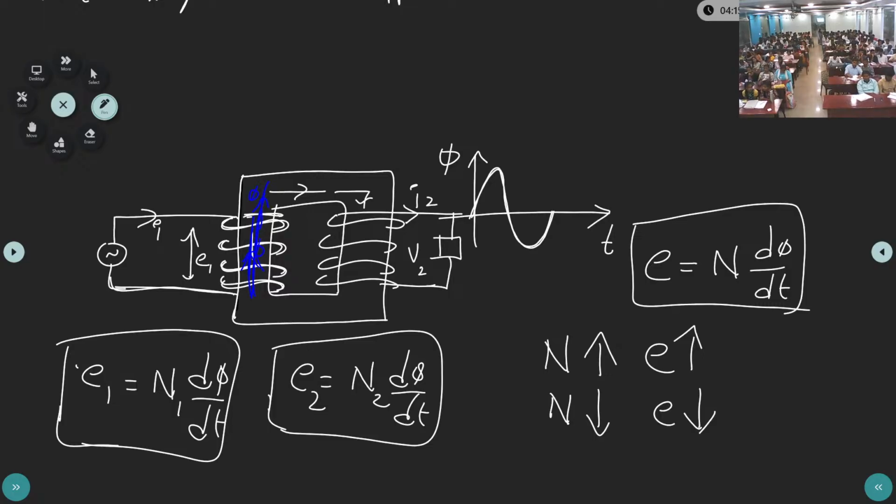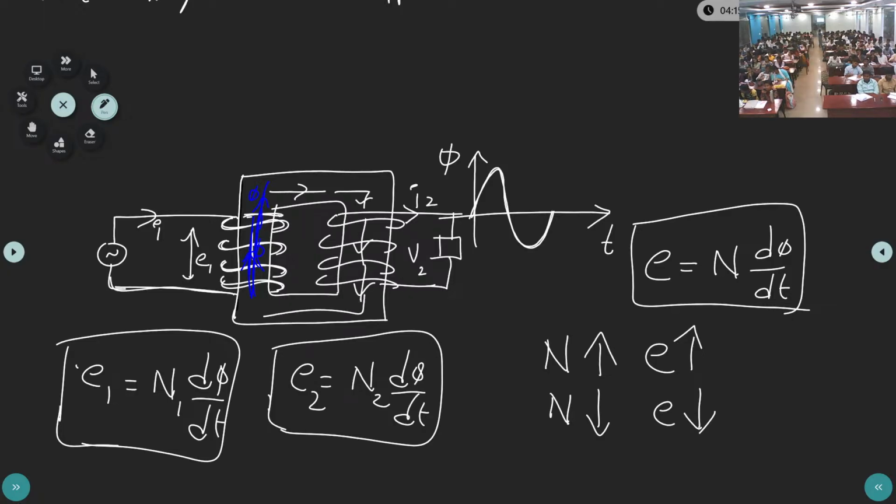So this is about the general principle of the transformer. See, is there any connection between the primary winding and the secondary winding? There is none. Then how will the voltage be induced? Flux is flowing here.